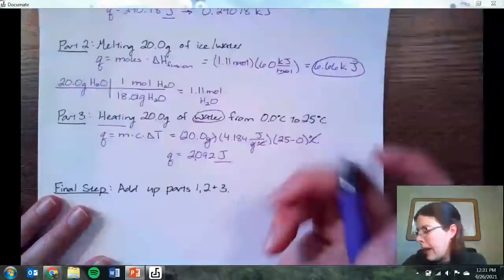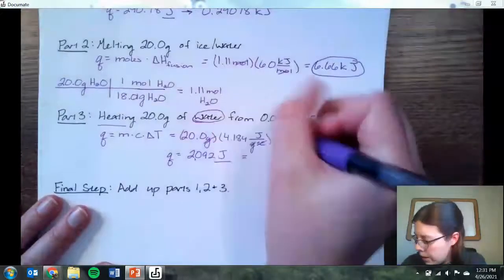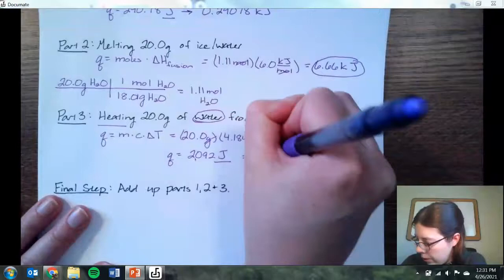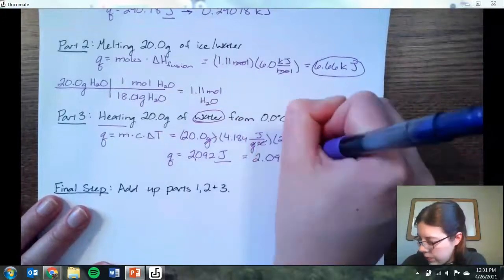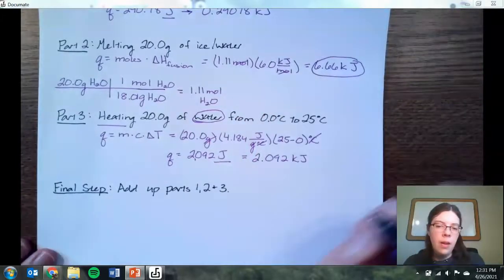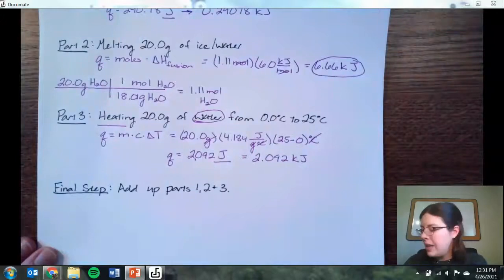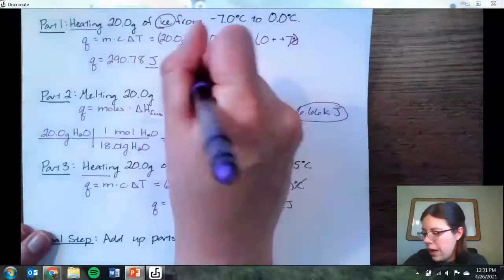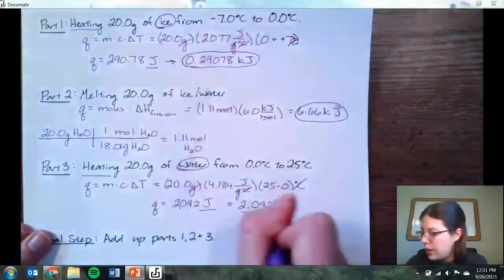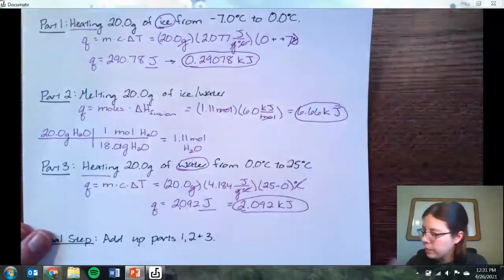And 2,092 becomes 2.092 kilojoules. Okay, so now we're going to add up these three numbers, each of them in kilojoules. And again, we'll think about sig figs when we are all done.